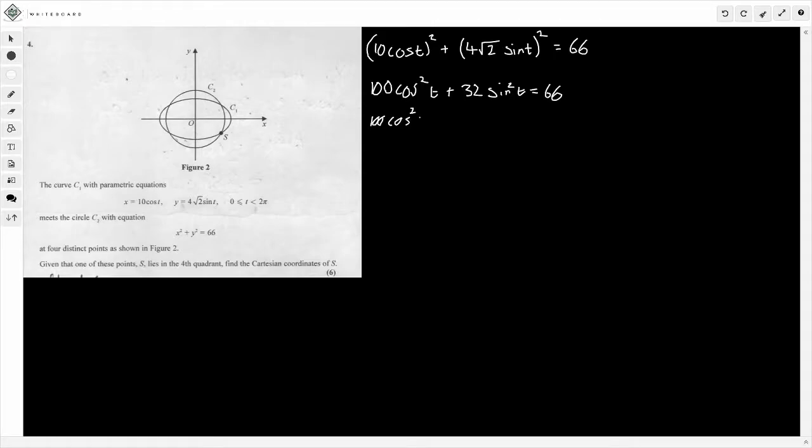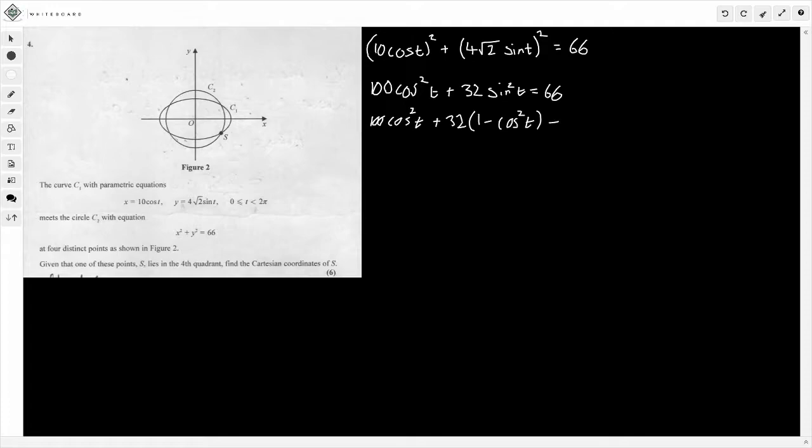And then, what can I change here? So we know sine squared x plus cos squared x is equal to 1. So if we substitute in, what we have here is plus 32 lots of 1 minus cos squared t.